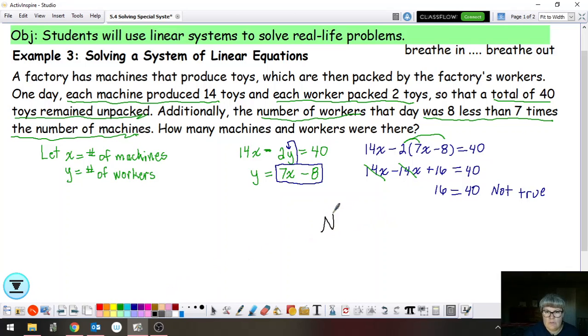There is no solution. This problem can't realistically happen. We can't figure out how many machines and workers there were because this is a scenario that wouldn't work.